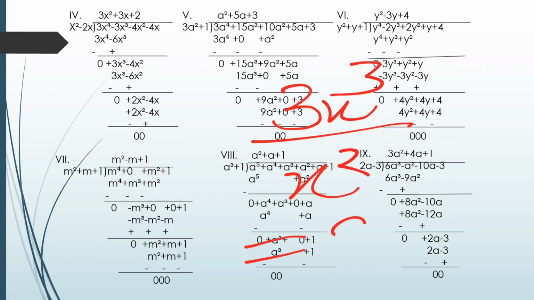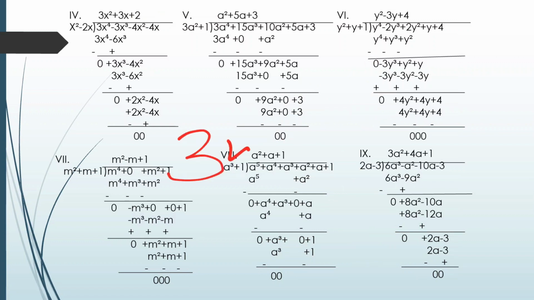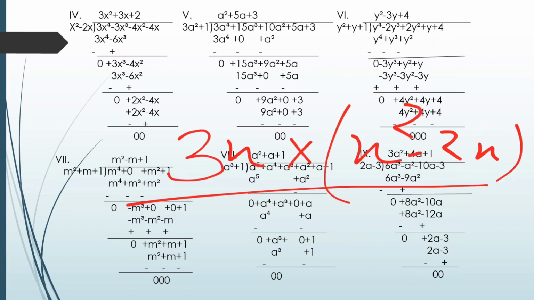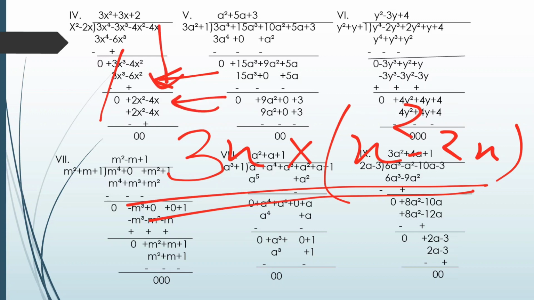You will get 3x. Here we have written 3x. Now you have to multiply 3x by x square minus 2x. You have to write it here. Then you have to subtract them and write the remaining terms from the question.